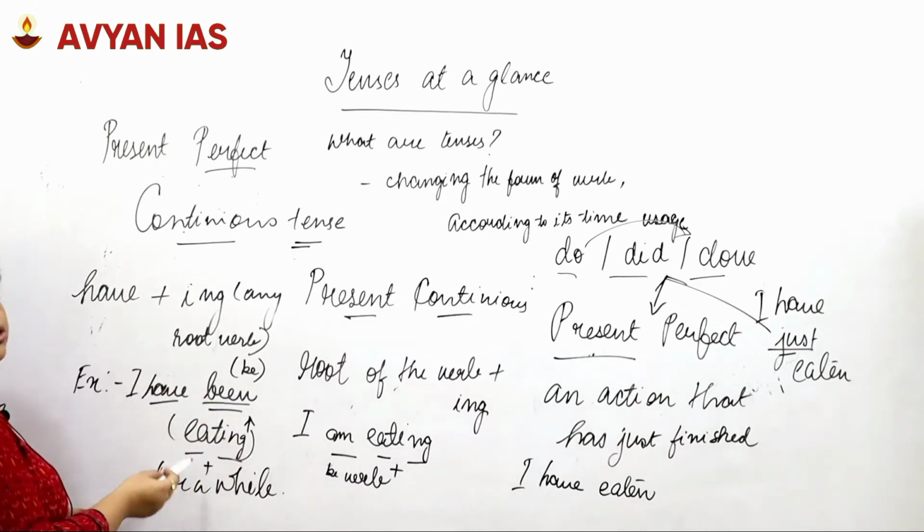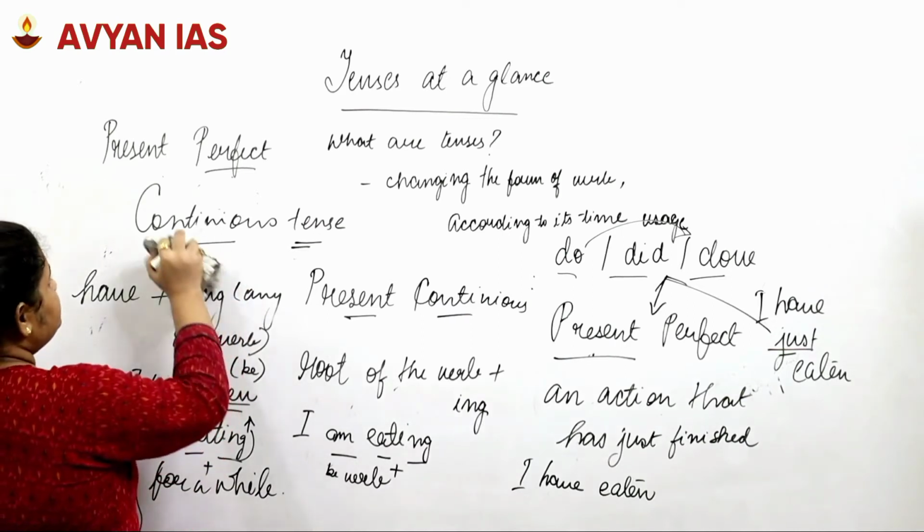Remember that we are not talking about finishing the action. We are talking about the ongoing nature of the action. So that is all about your generally present tenses. So a quick recap of it. The present tense would be divided into 4 tenses again, that is simple present, present continuous, present perfect and present perfect continuous. The next tense that we would come to is past tense.